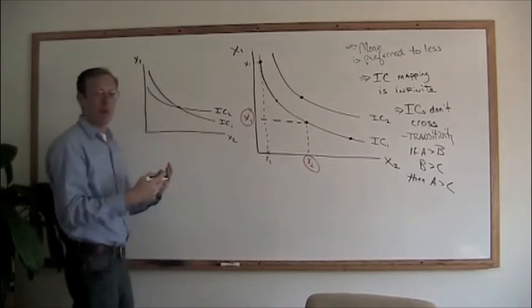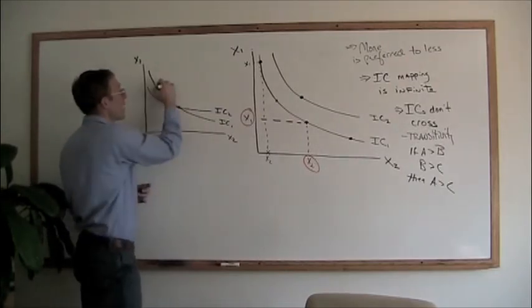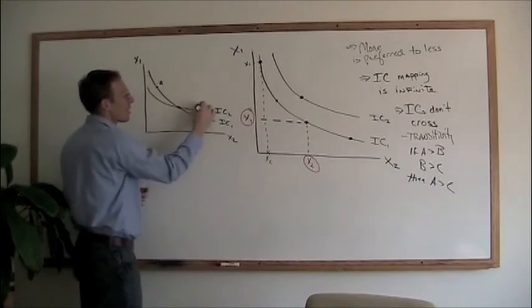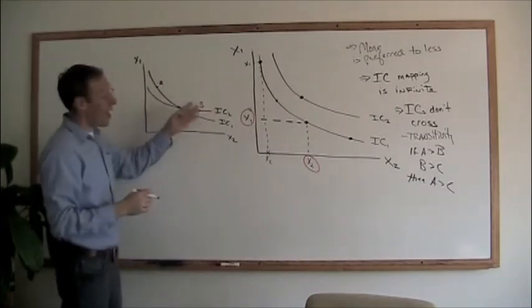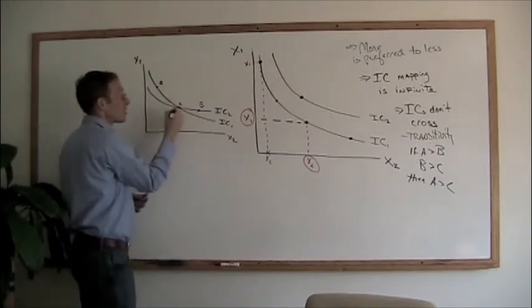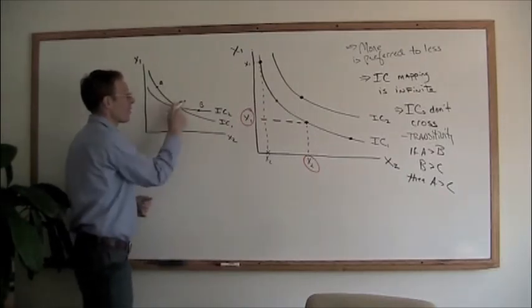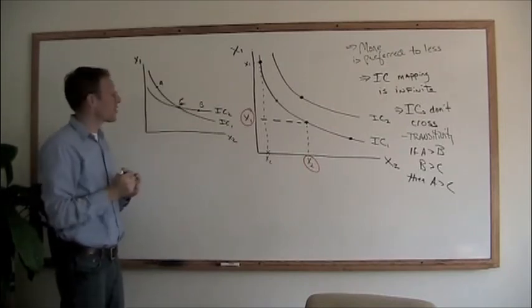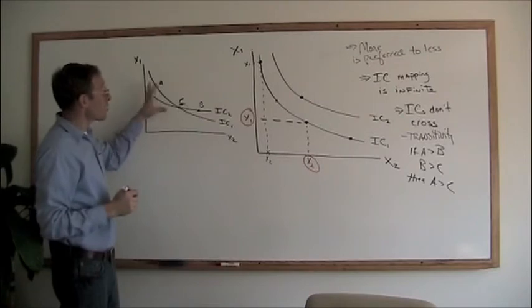And where they cross, we have a point. Now let's say we have A, and A is preferred to B. So we want A rather than B. And B is preferred to C. So we should be able to assume that A is preferred to C.